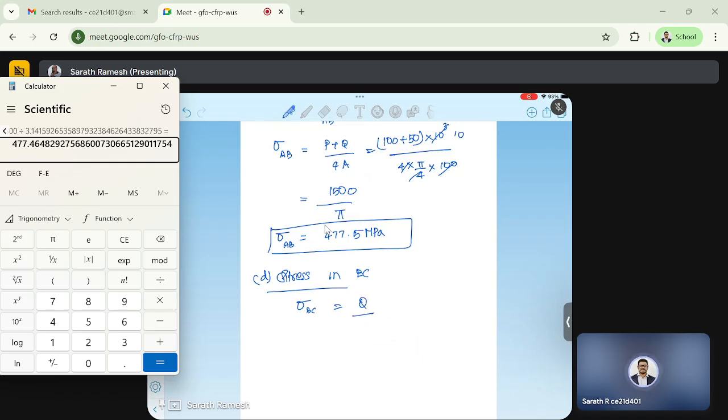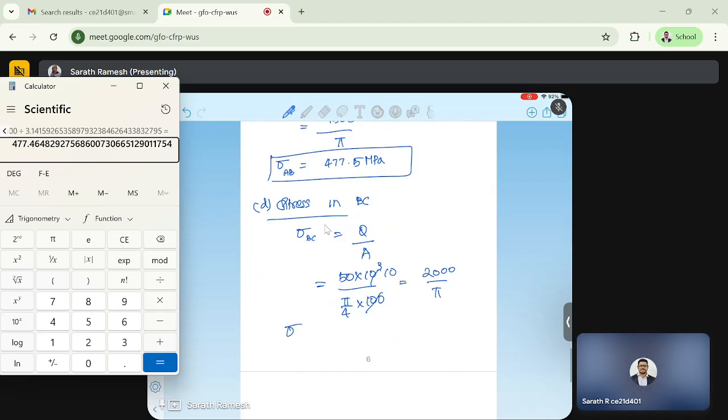So Q divided by A, right? 50 into 10 power 3 divided by pi by 4 into 10 square. So this is 10. So 5 fives are 20, 200, 2000 by pi. Okay, this is higher. BC is higher. 2000 by pi is 636.62 megapascal.